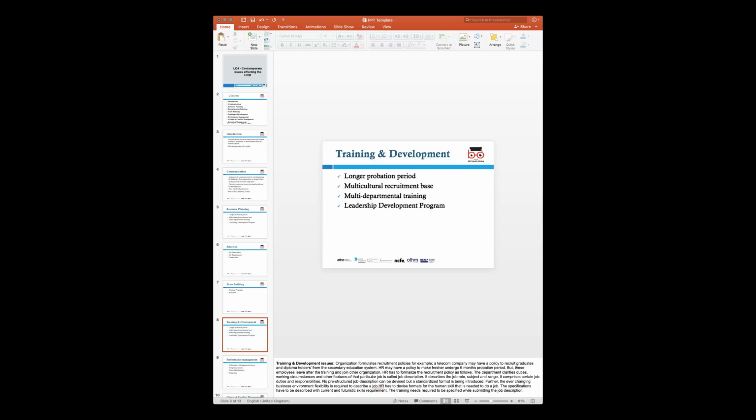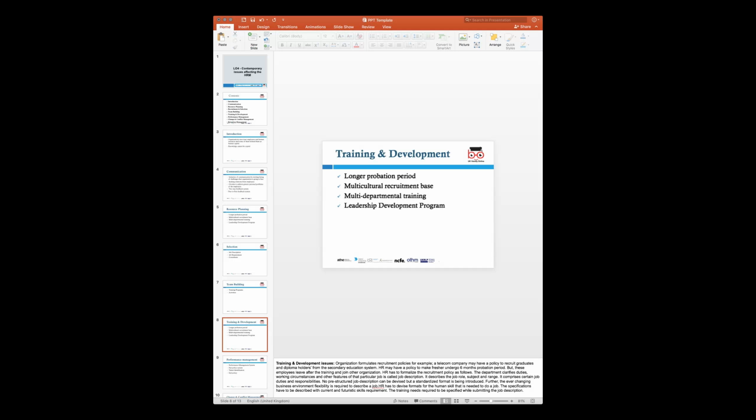For example, a telecom company recruits a lot of fresh graduates from various universities and campuses. Some of them do not come with a bachelor's degree, but the idea is not to discriminate. They put them through the selection process, and if they feel they have the required skill set, they qualify to join the company.